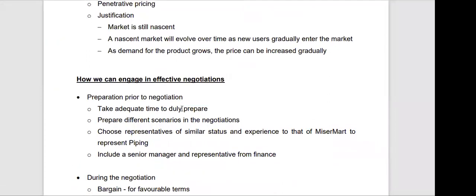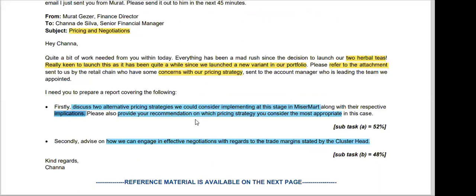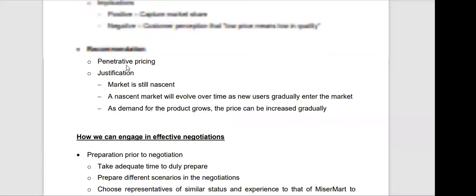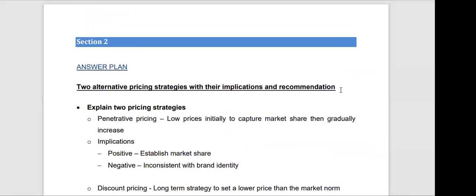So I've come up with a simple heading, and please be mindful that this is a main heading. As I told you earlier, for each subtask, you need to come up with a main heading. For subtask A, the main heading I used was: 2 alternative pricing strategies with their implications and recommendation.